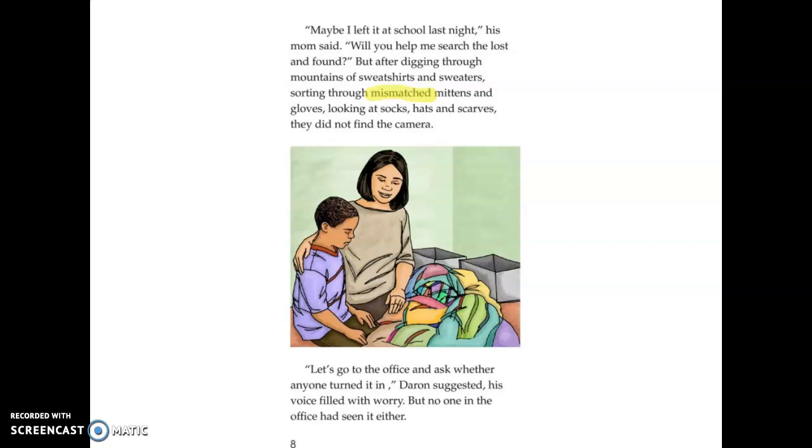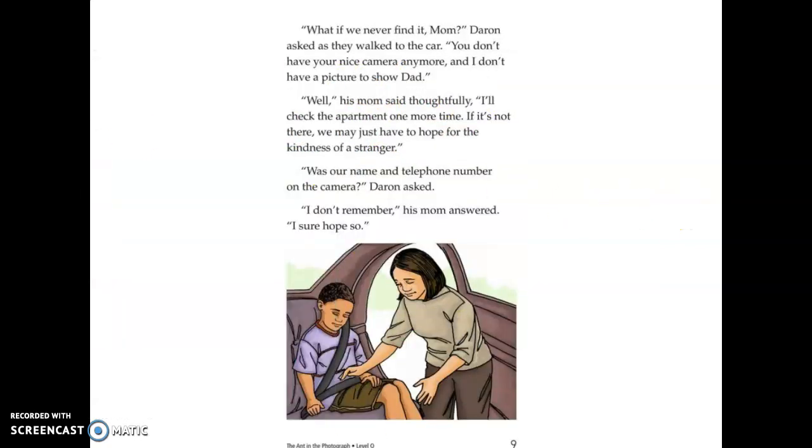Remember, a prefix is at the beginning. As you can see, it has miss. We haven't gone over this prefix yet, but miss is considered a prefix. Then it has a suffix at the end, which is ed, which you have gone over. So my base word is match. So, mismatched.